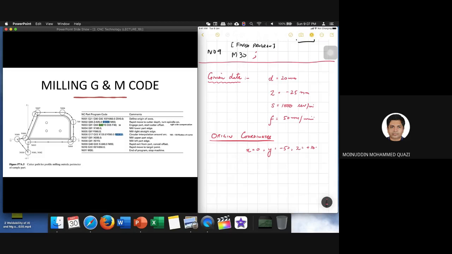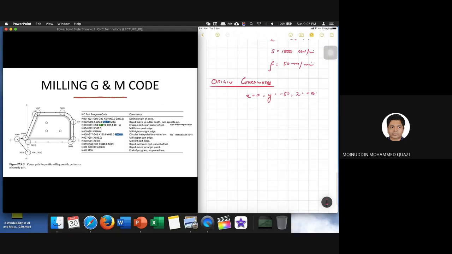So let's start. N001: G21 to specify millimeter, and G90 for programming in absolute coordinates.